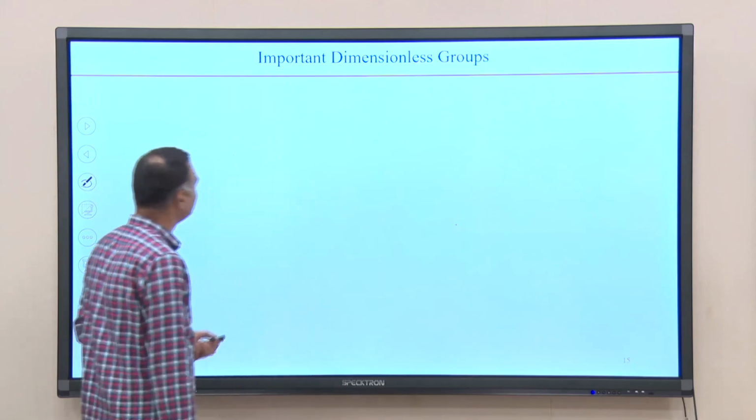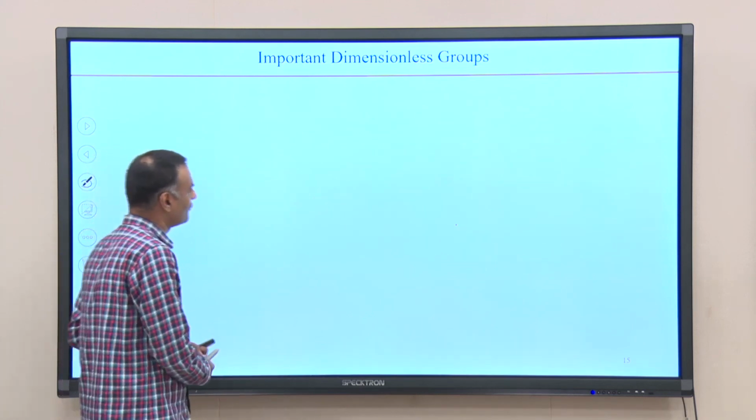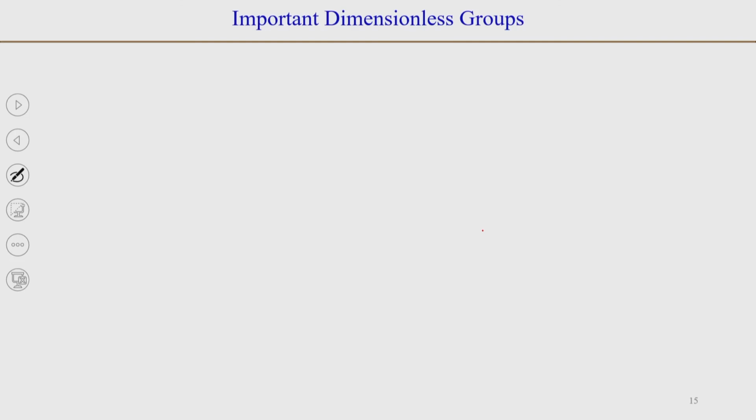Now, I have listed down some of the important dimensionless groups. The list of course is not exhaustive, and only some important groups I have listed down here. So, Reynolds number, which we have seen again and again, and we will see it throughout the course, is the ratio of inertia and viscosity.